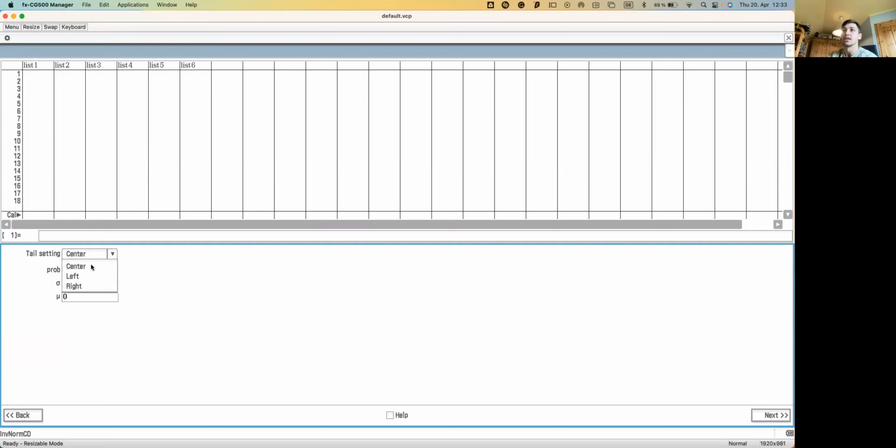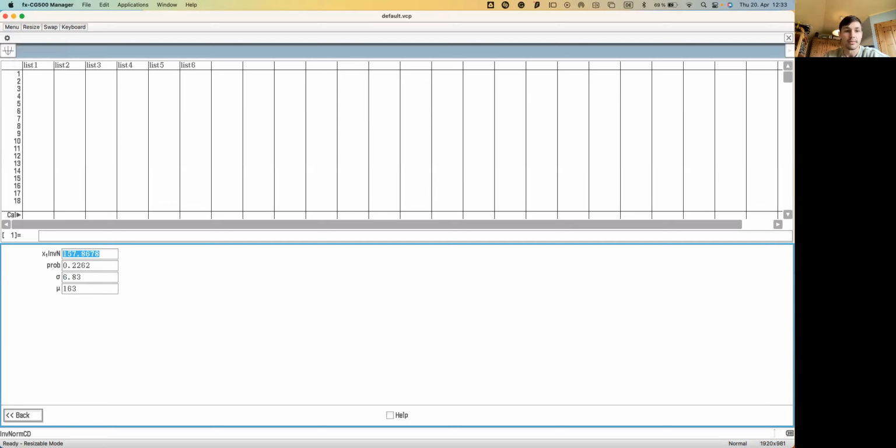We have to change this to left. The probability that we found was 0.2262. Our standard deviation is 6.83, and our mean was 163. We click go, and here we have 157.8678 grams for k, and so rounded to three significant figures, we would get 158 grams.